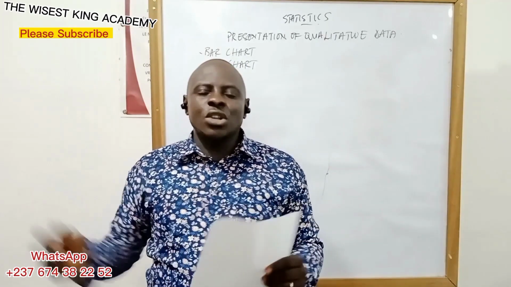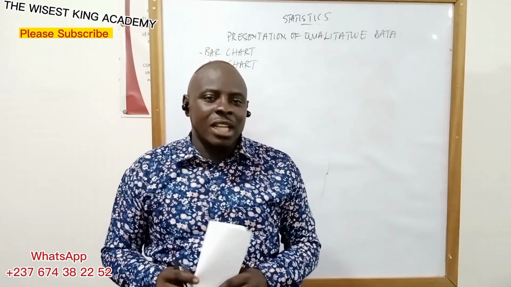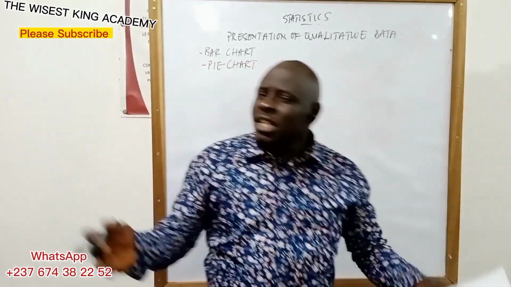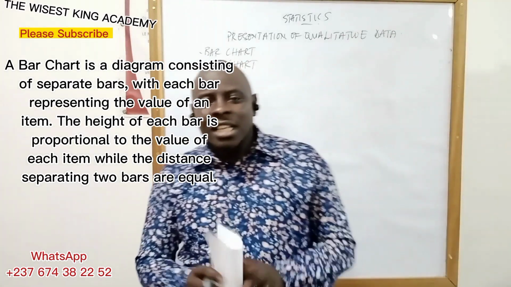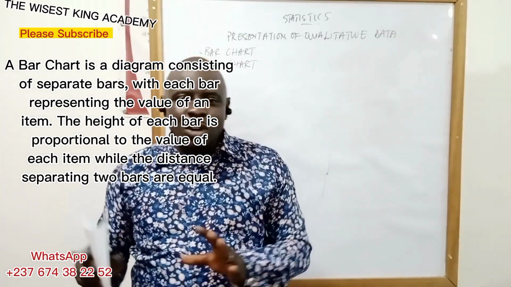So we are going to see how to prepare a bar chart and a pie chart. Now, what is a pie chart? A bar chart. Let's start with the bar chart. A bar chart is a diagram that consists of separate bars.